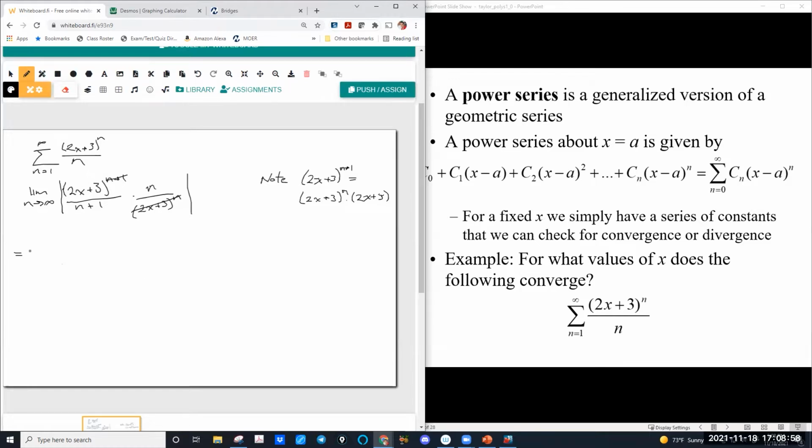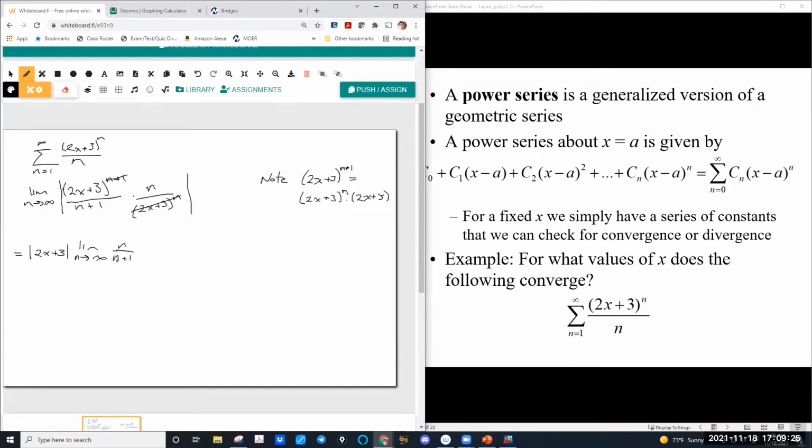So this 2x plus 3 does not depend on n. So I'm going to pull that part out. Absolute value of 2x plus 3. And then what are we left with inside the limit? Limit as n goes to infinity of n over n plus 1.